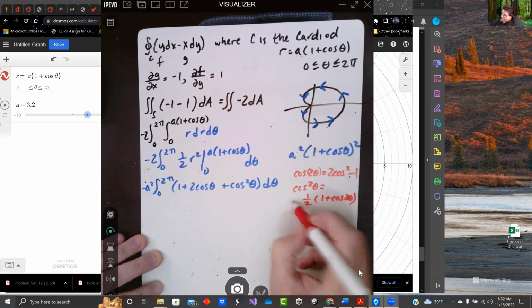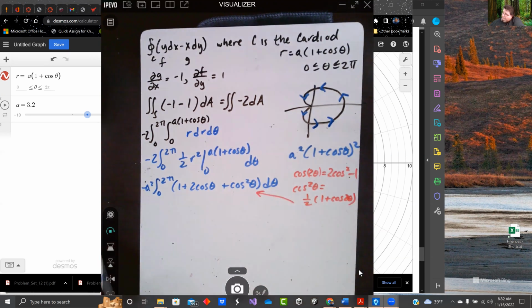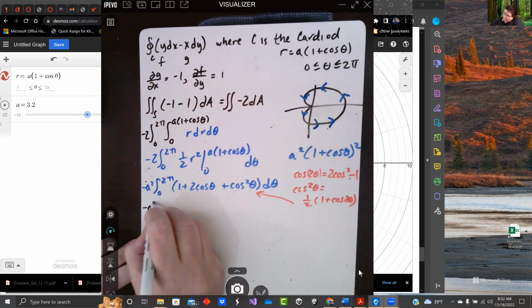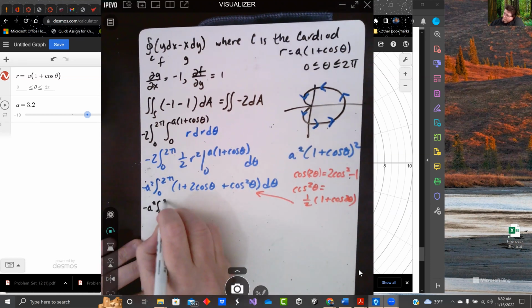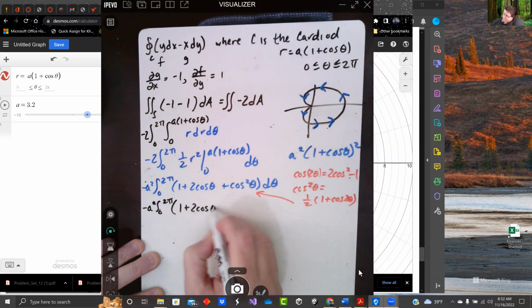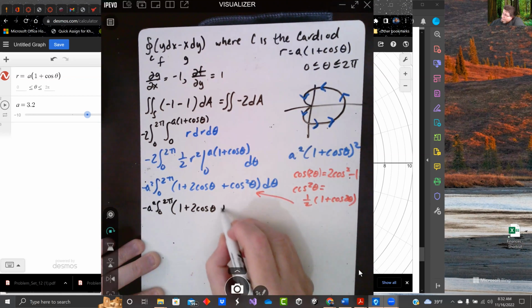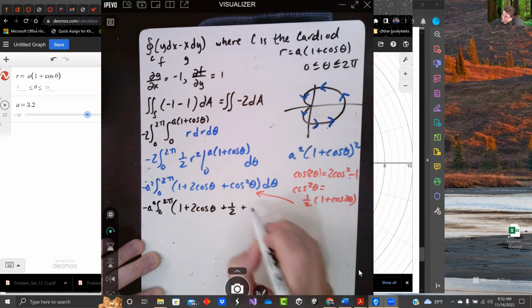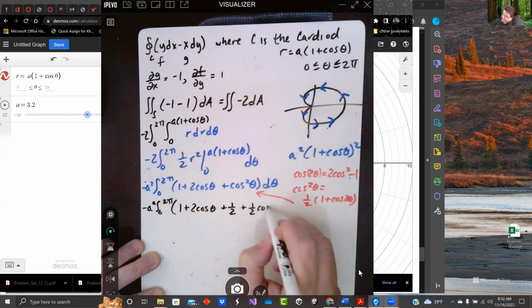And we can make that substitution, plus 1/2 plus 1/2 cosine 2 theta d theta.